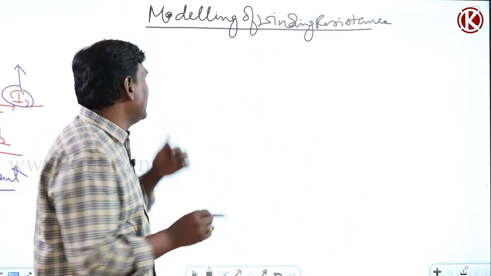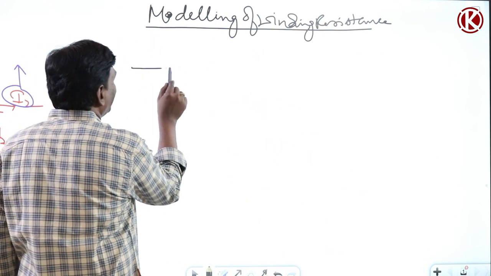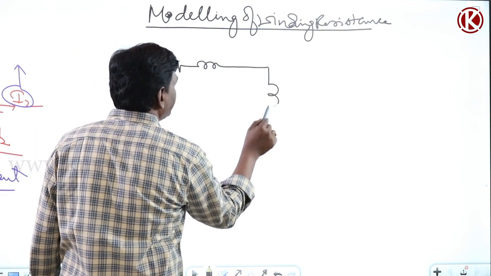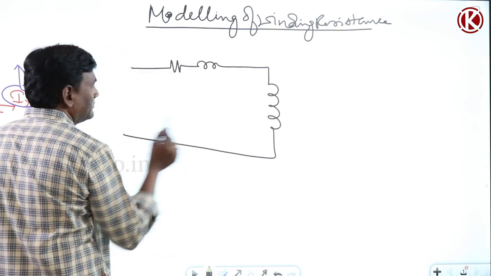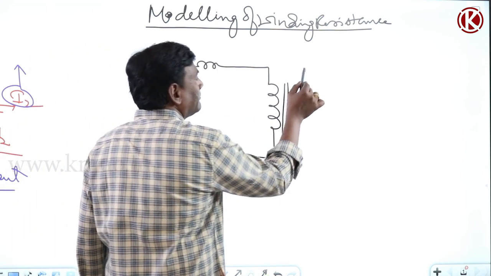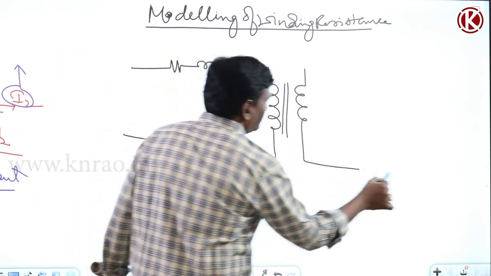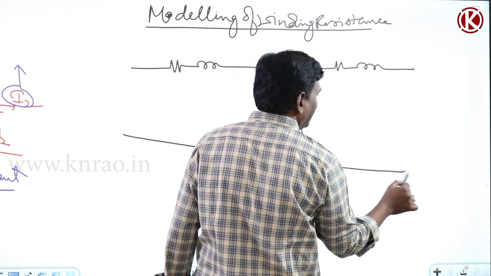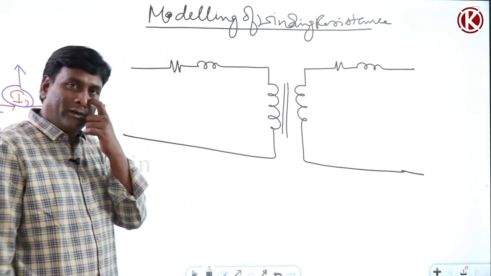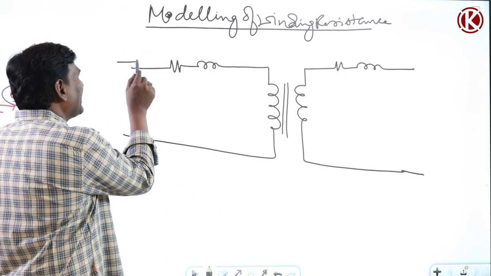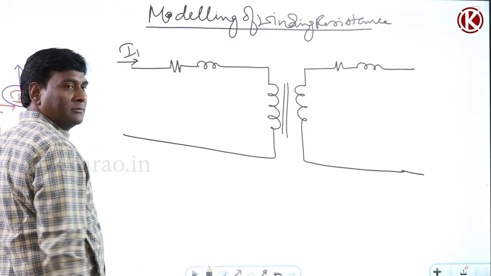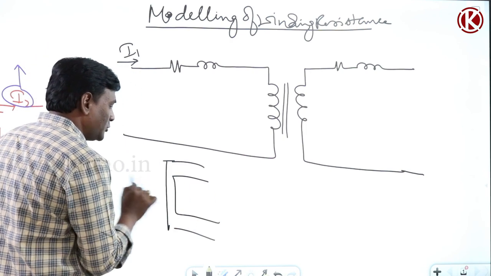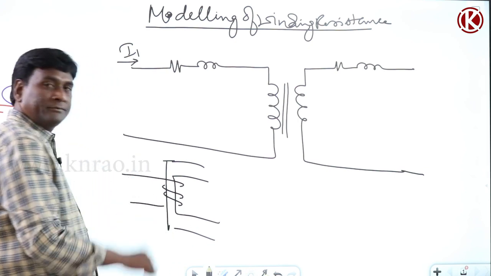Similarly, if I think of primary winding resistance, leakage, non-linear, this is going to be secondary winding resistance, secondary leakage, this is going to be the model. In primary, whatever the current flows in the primary winding, for example, this is going to be the primary winding.